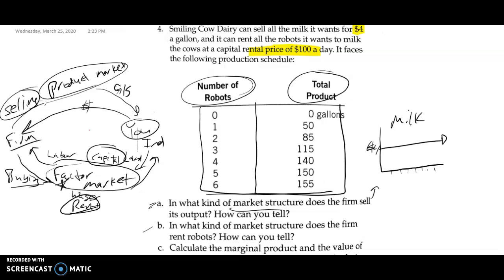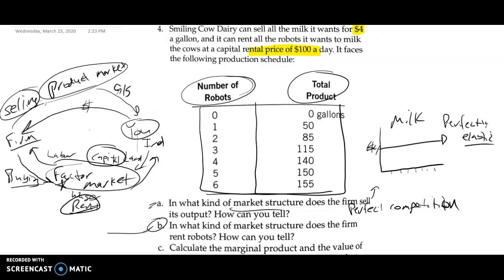So you have this demand curve that looks like that, this perfectly elastic demand curve. And that tells us that this is perfect competition. It can sell all of the milk that it wants to at the going price, the price that's set by the market. We usually call them price takers. Because they can sell as much as they want, we know it's perfectly competitive.